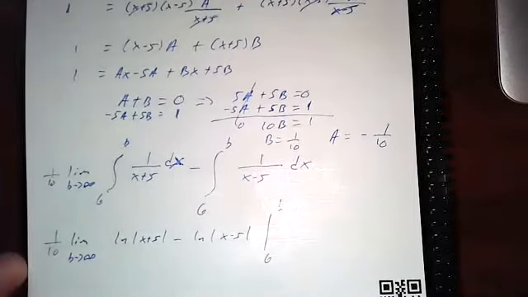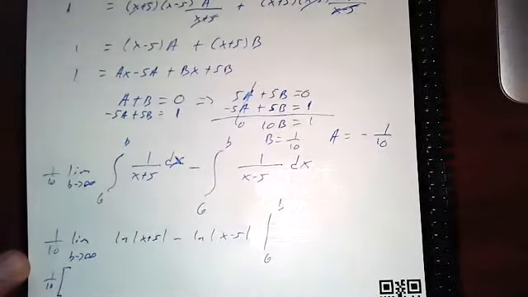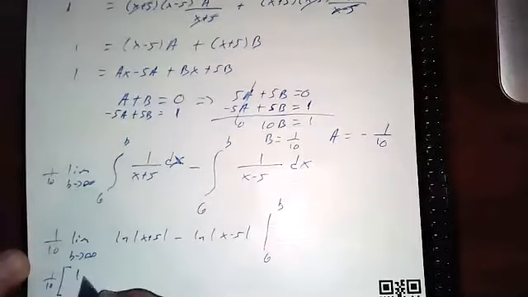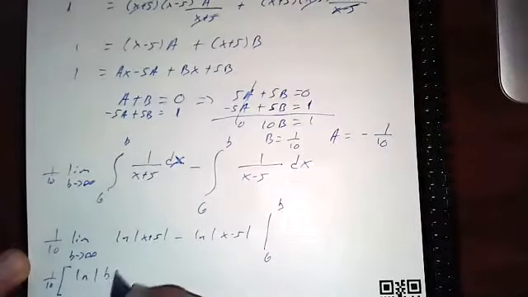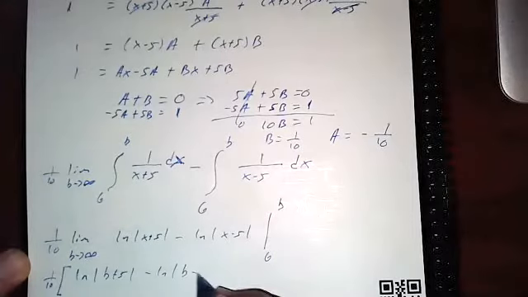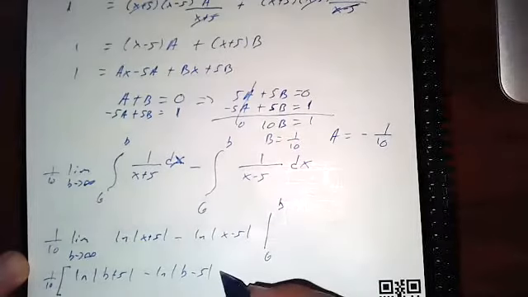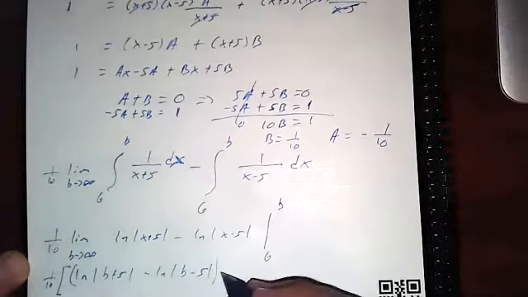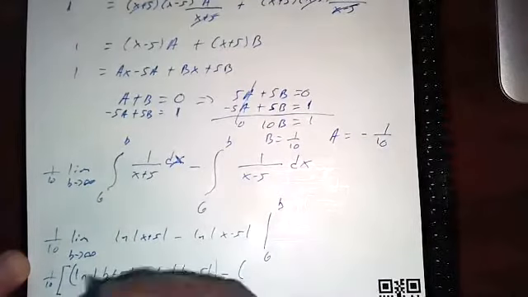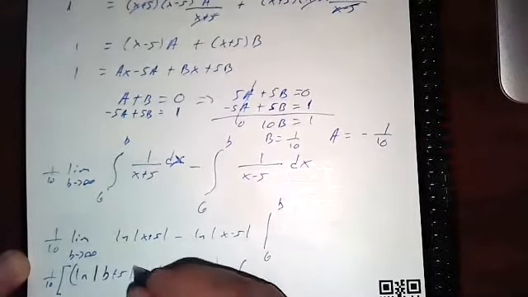So plug in the value, so you'll get 1/10 times the ln of b plus 5 minus ln of b minus 5 minus, that looks ugly, let me fix that.